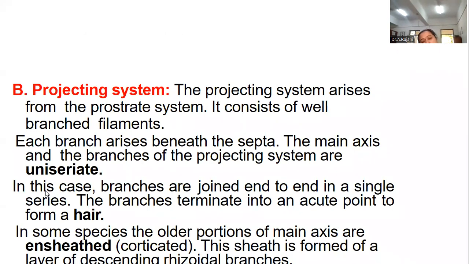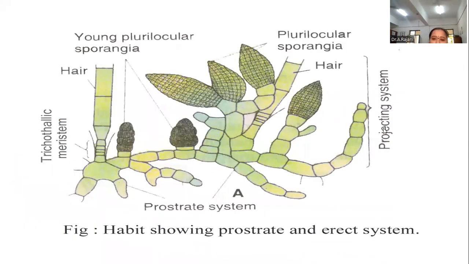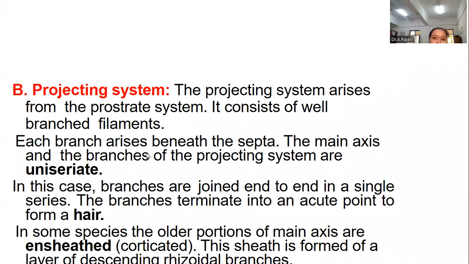The projecting system arises from the prostrate system. This one is a projecting system, arising from the prostrate system, and it consists of well-branched filaments. Each branch has septa, the main axis is present, and the branches are uniseriate. Each branch terminates in an acute point.